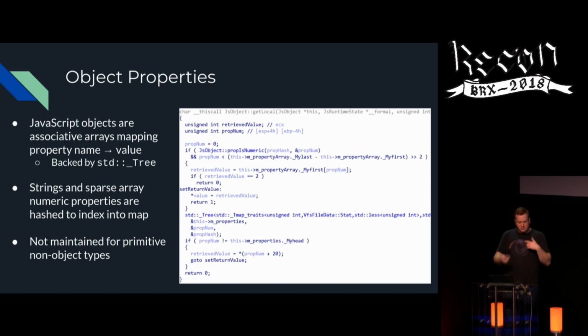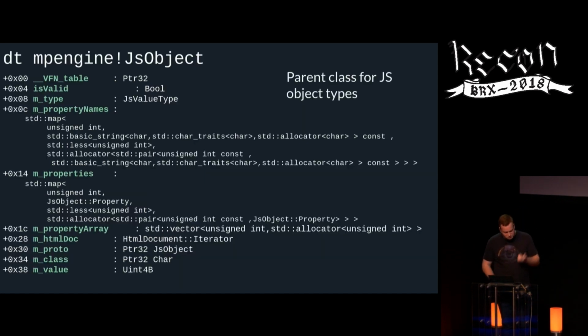They have sparse arrays for strings and also dense arrays when you have actual arrays. And these object properties are only valid for complex objects. If you have a raw number that's a primitive type, you can't have properties on it. But if it's an object, you can have subproperties.